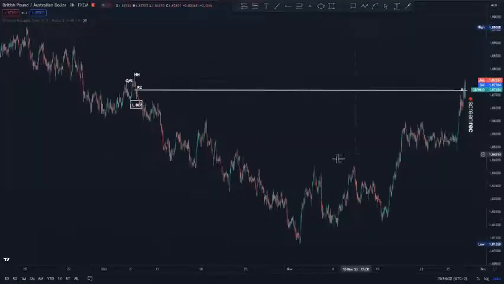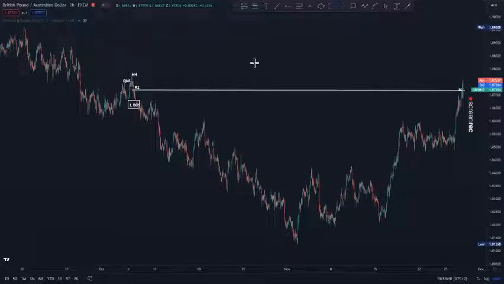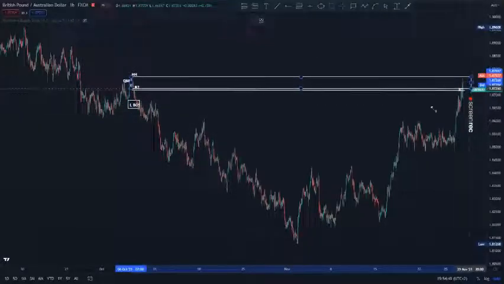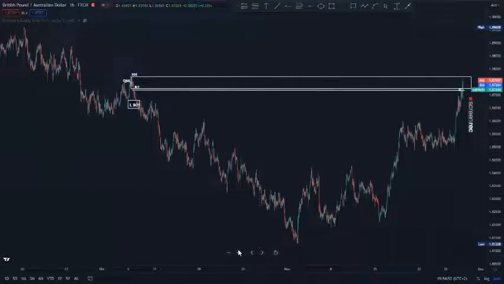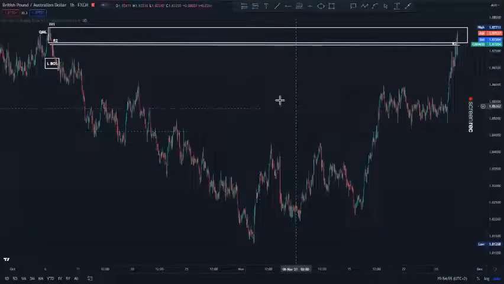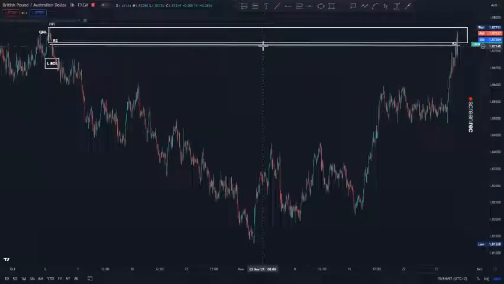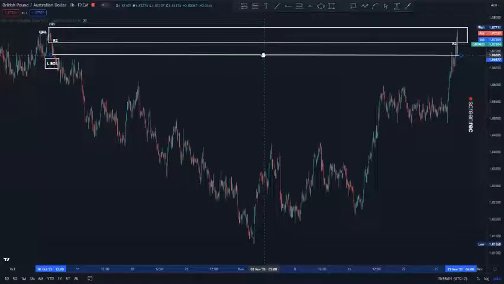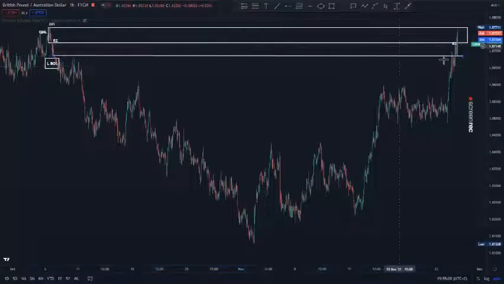Probably my stop loss was just too tight. I think that's the reason why I was taken out. Let's see, which trade? I'm getting confused here. I think I used this one right here.